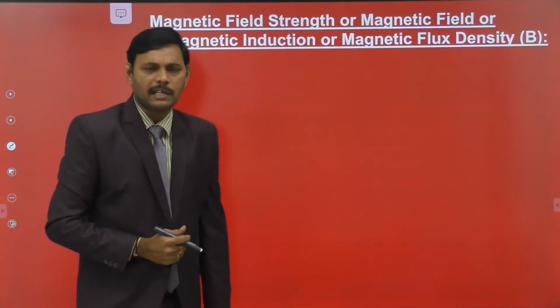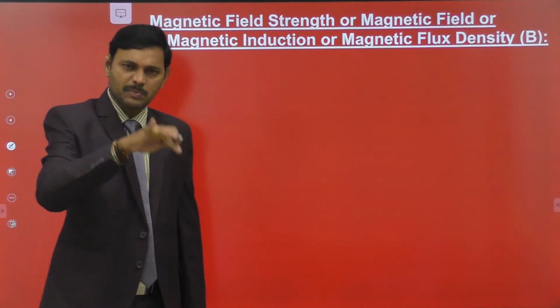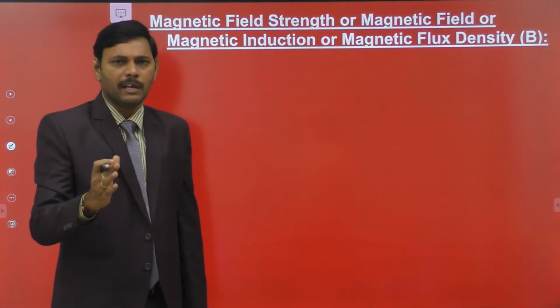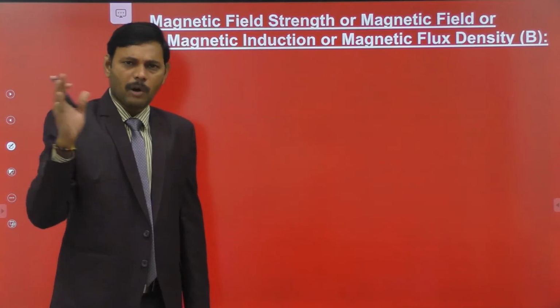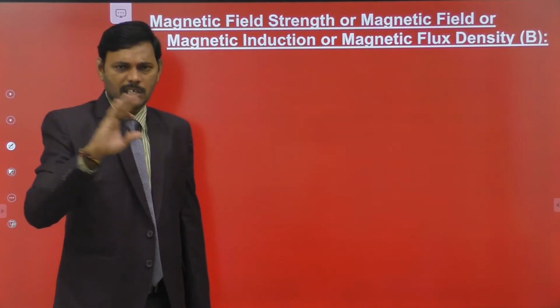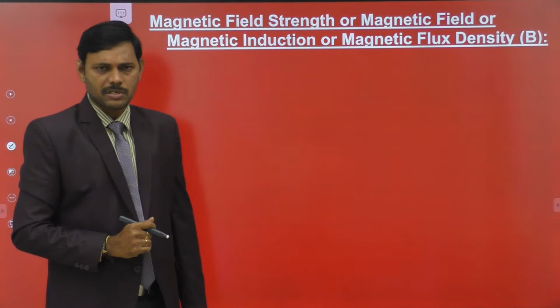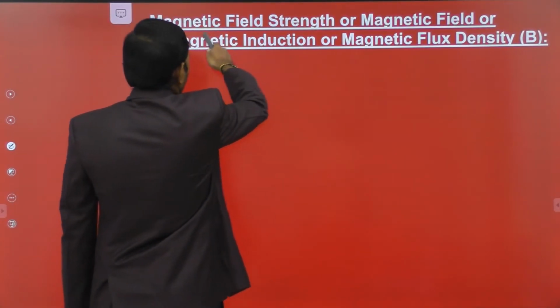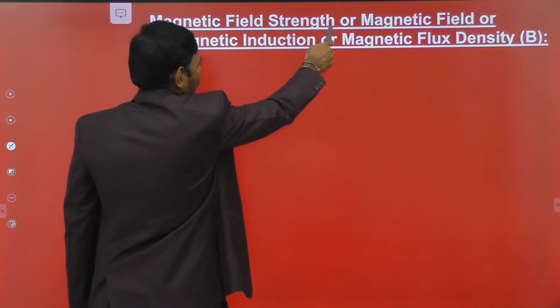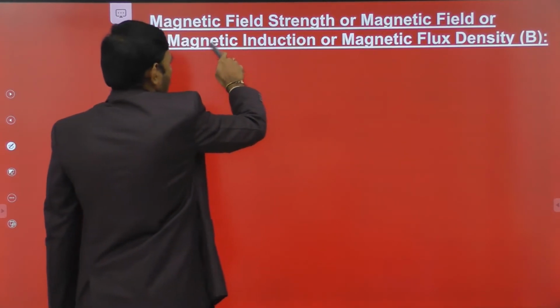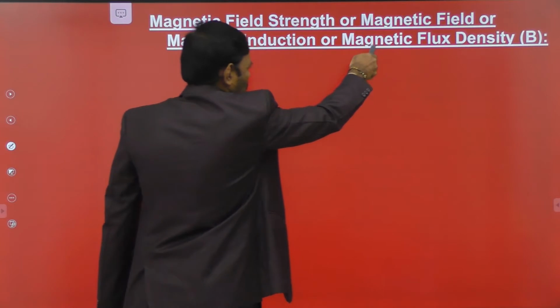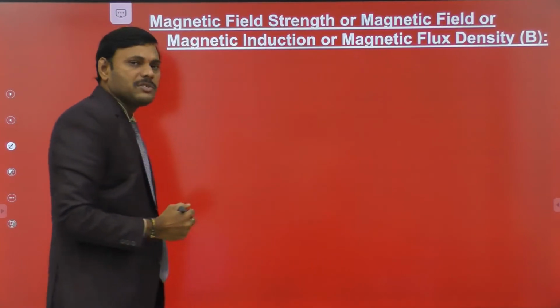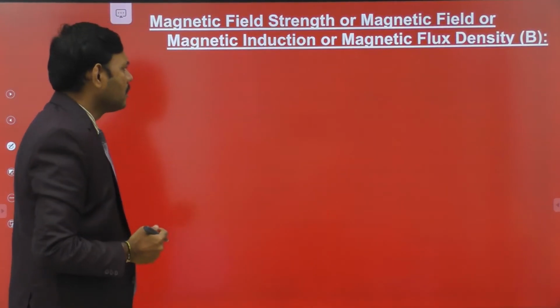Already we defined it and derived the expression for the magnetic field induction caused by a pole as well as a bar magnet along the axial and equatorial lines. These parts were discussed in previous sessions of this video. Now, this definition: magnetic field strength, also known as magnetic field induction, is equivalent to magnetic flux density B.